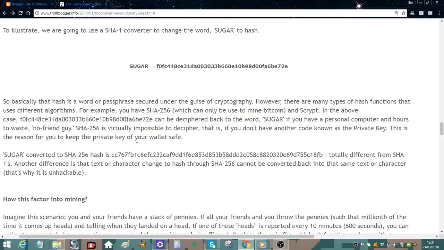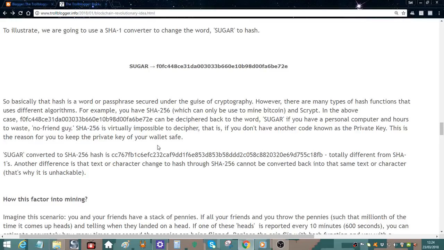However, there are many types of hash functions that use different algorithms. For example, you have SHA-256, which is used to mine Bitcoin, and Scrypt. In the above case, F0FC44831.00303B660E10B98D0046B72E can be deciphered back to the word sugar if you have a personal computer and hours to waste, no friend guy.